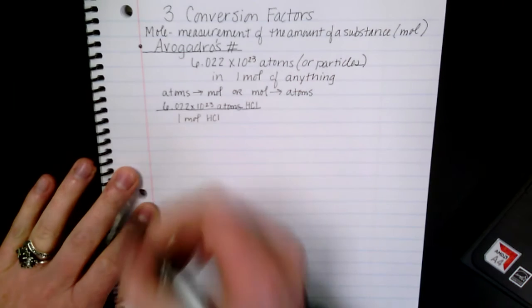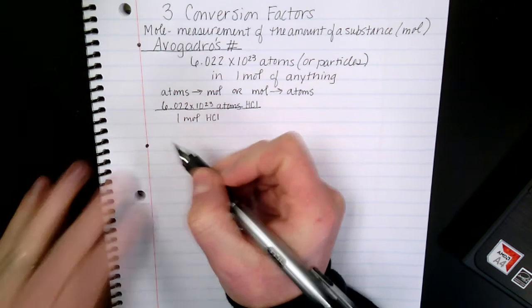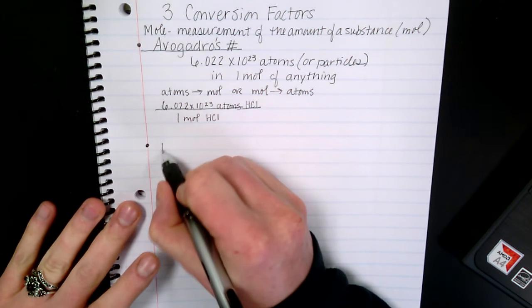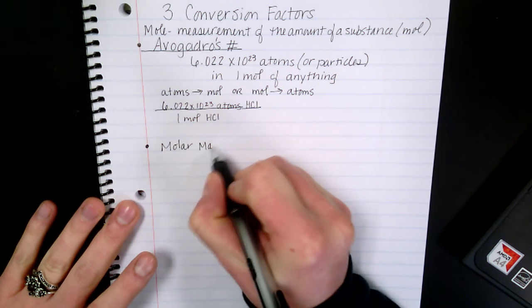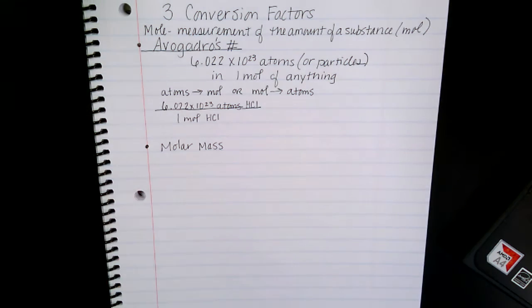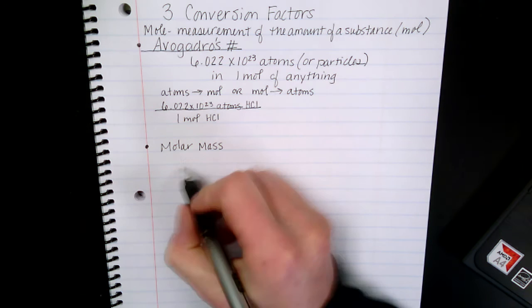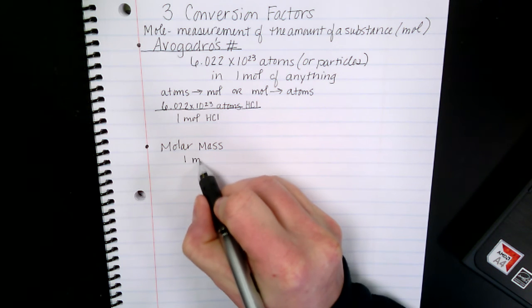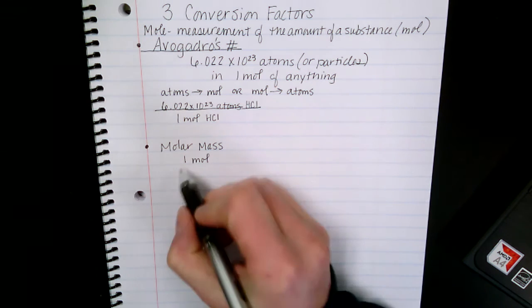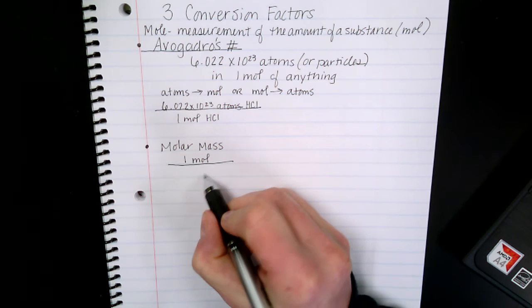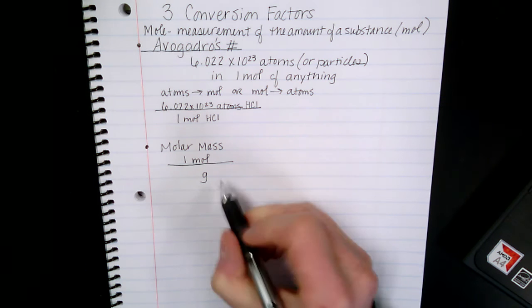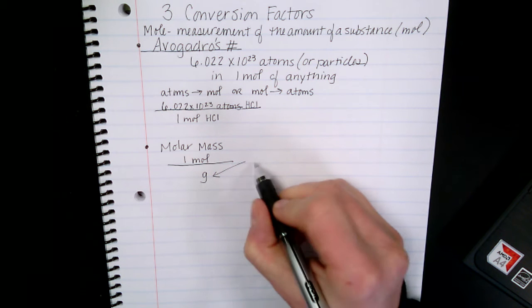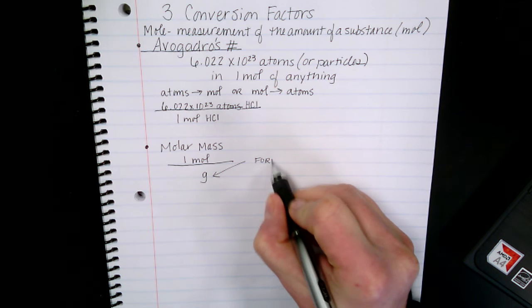Next thing that we are going to talk about is molar mass. Okay, so that's 1 mole. And then you set that to the grams of the substance. To find the grams, you use something called formula mass.